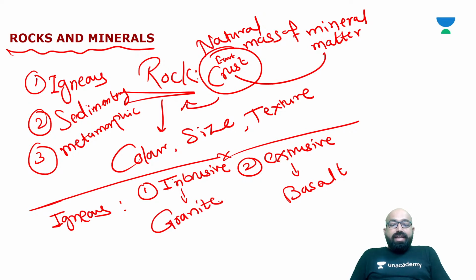Granite is an example of an intrusive igneous rock. Grinding stones used to prepare paste and powder of spices and grains are made of granite.